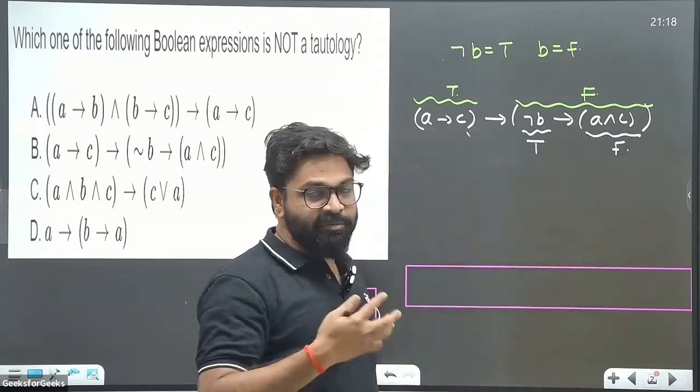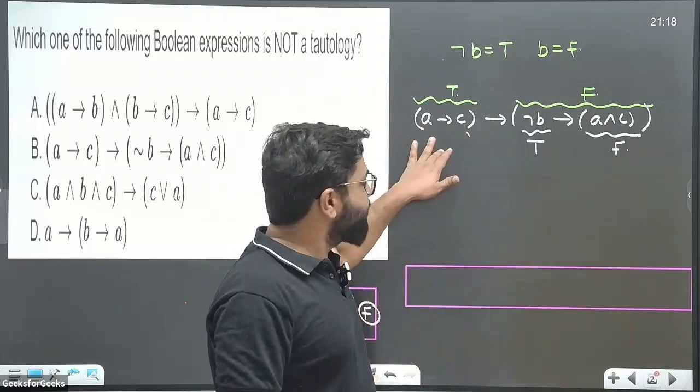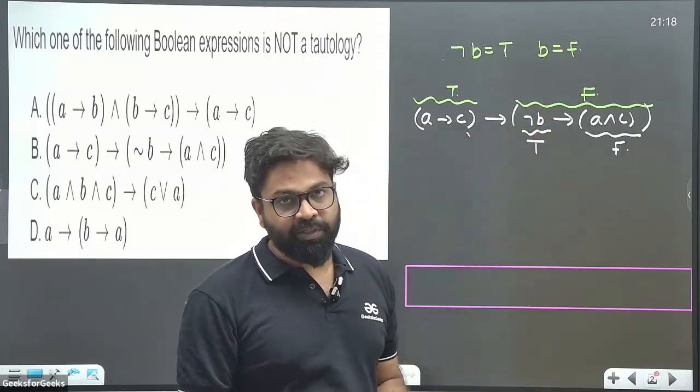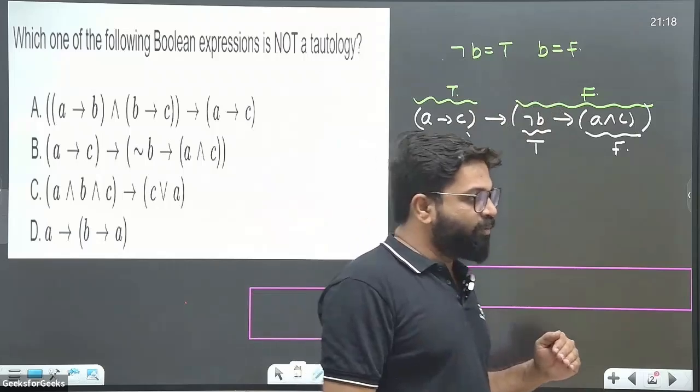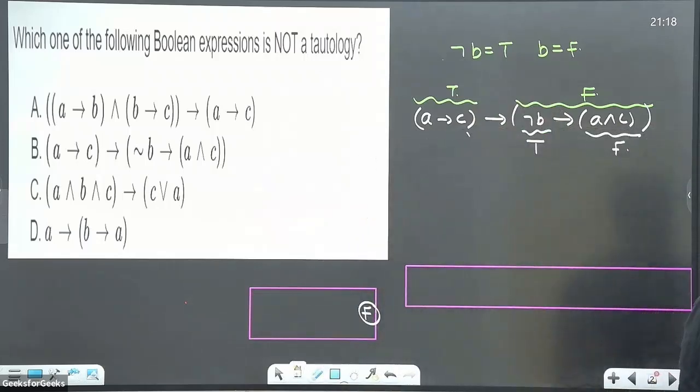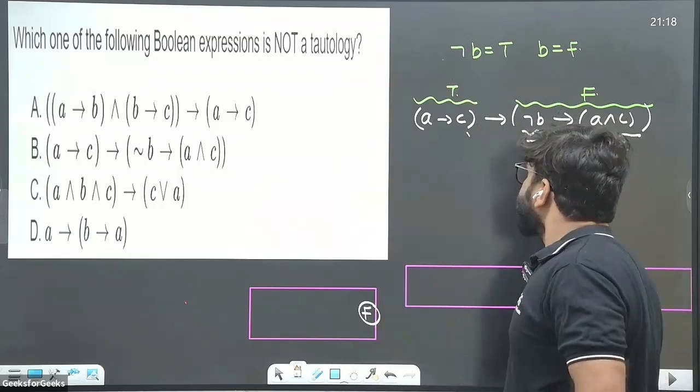So is there any method where I can make my left side true and right side false? If your left side becomes true and your right side becomes false, then we can easily try to make the whole statement false.